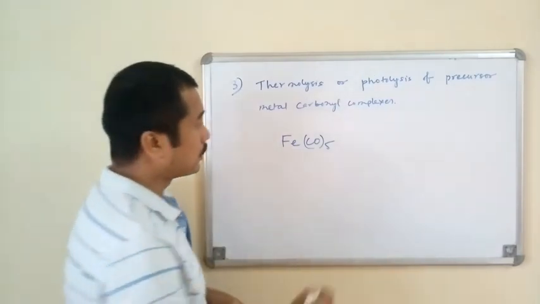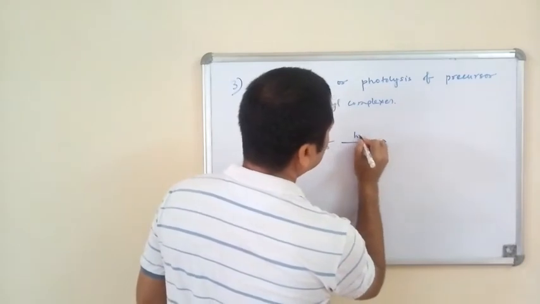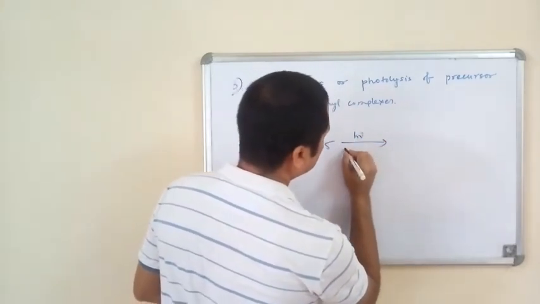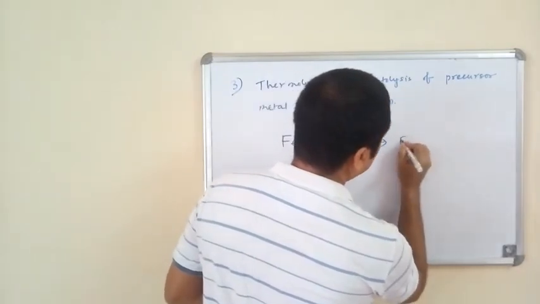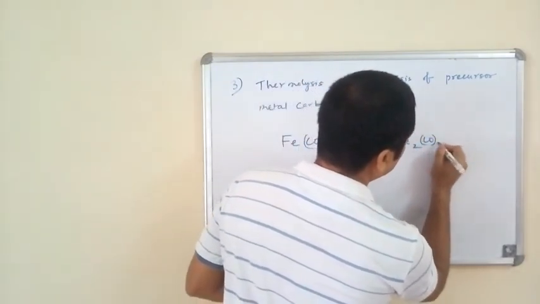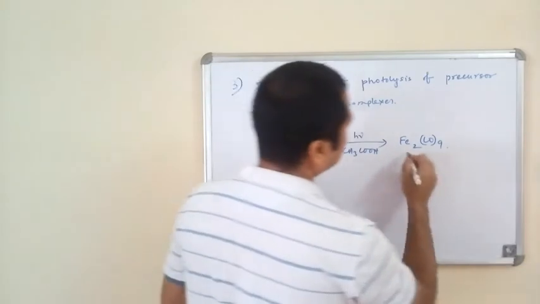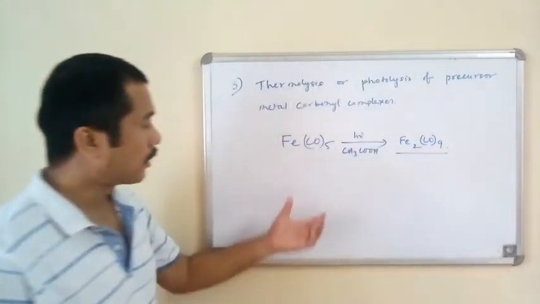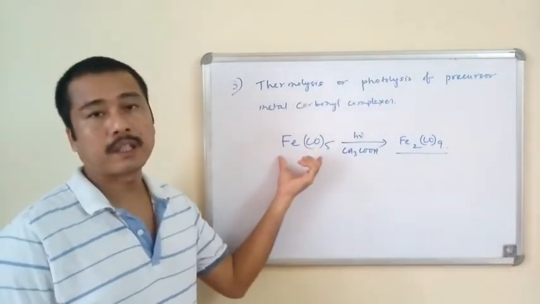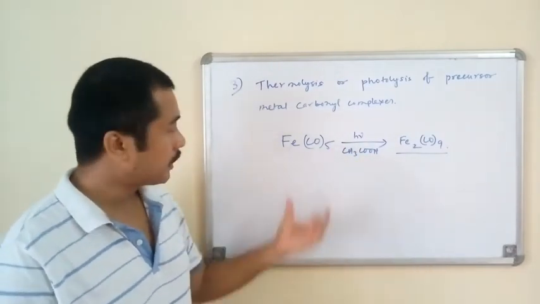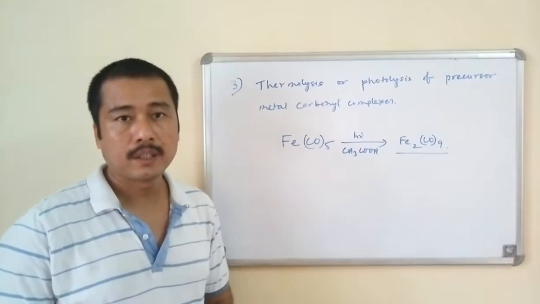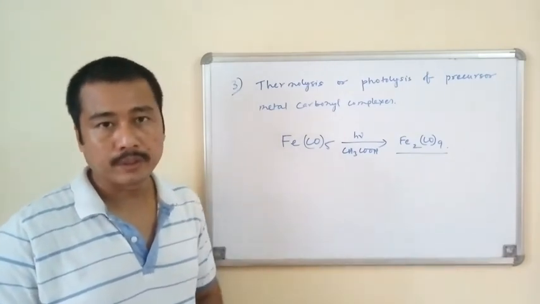It undergoes decomposition, and if you do photoirradiation in the presence of acetic acid, then it produces Fe2(CO)9. So this is how one can prepare a metal carbonyl compound starting from a precursor metal carbonyl complex by doing photolysis of the same. Here we have seen how one can prepare Fe2(CO)9 by following this method.